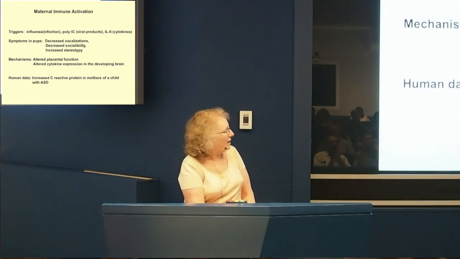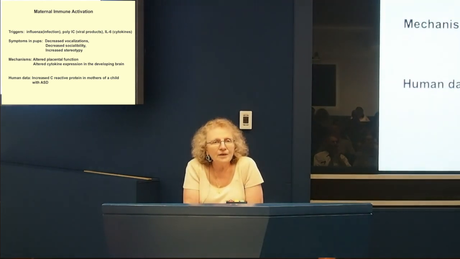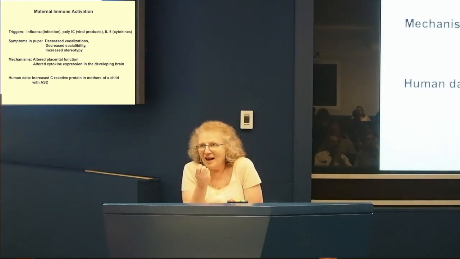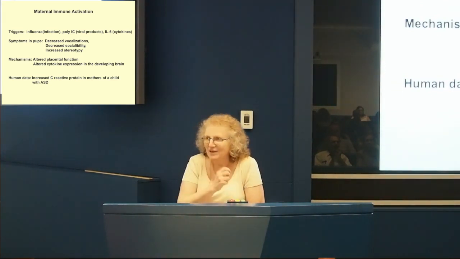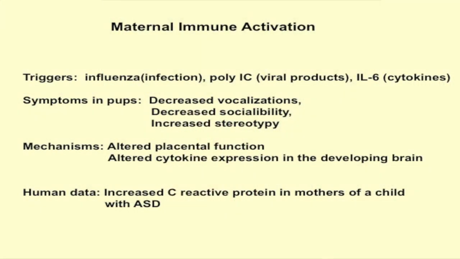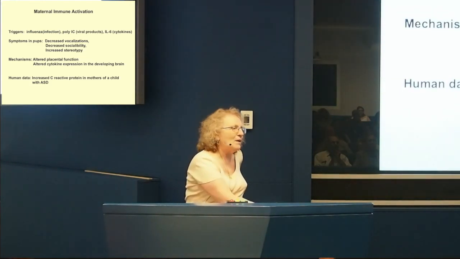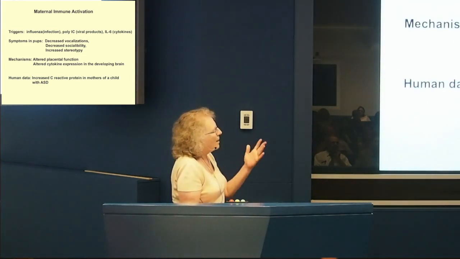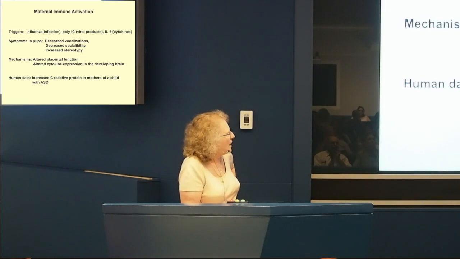There are good data from epidemiologic studies and some very good animal models to suggest that viral infections and constituents of the virus, and cytokines made as a consequence of those constituents by the mother, can alter fetal brain development and result in a set of symptoms in mice that are thought to have some analogy to symptoms of autism spectrum disorder.